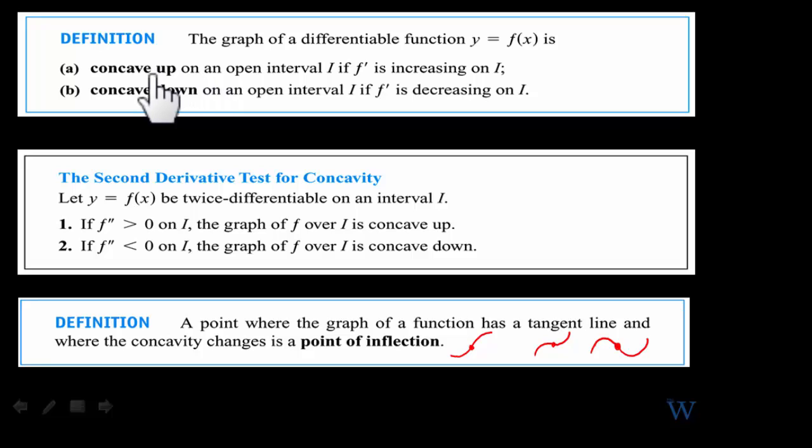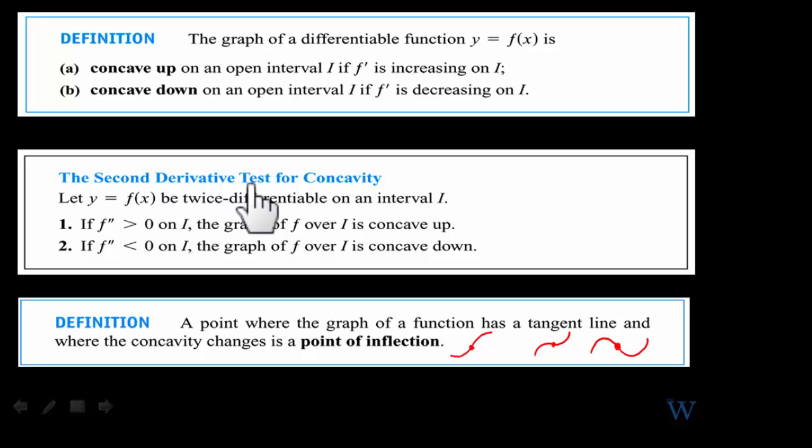So it's concave up if f prime is increasing on that interval, and it's concave down if f prime is decreasing. So when you have f prime increasing, that means its second derivative would be positive. If f prime is decreasing, that means its second derivative is negative.